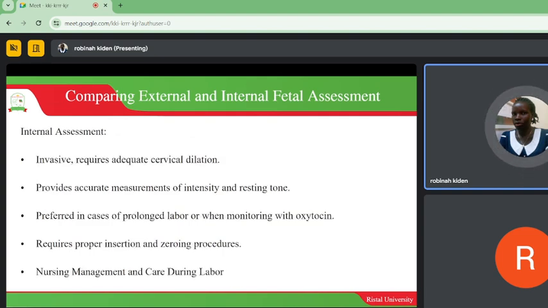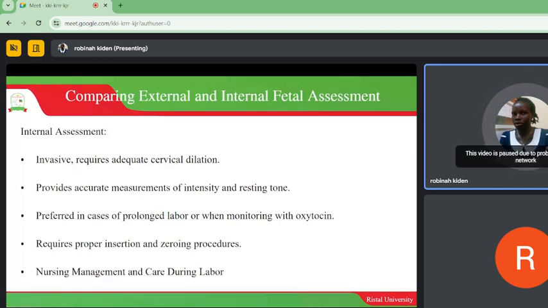Internal assessment is invasive and requires adequate cervical dilation. These involve the insertion of the catheter into the uterus, and because of this, the cervix will have dilated, opened adequately, so that the catheter can be inserted. It provides accurate measurements of intensity and resting tone.